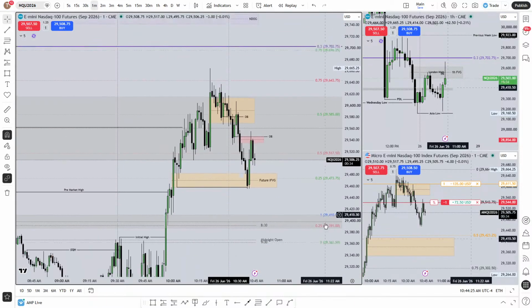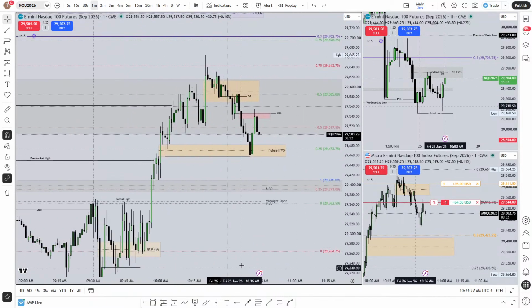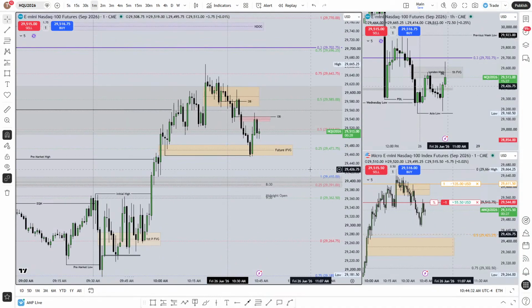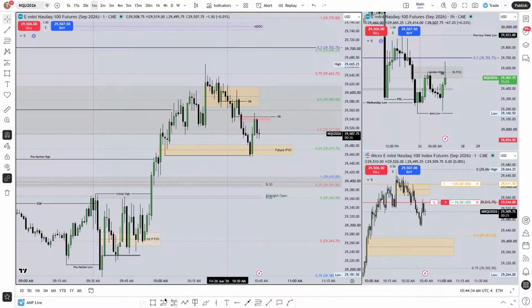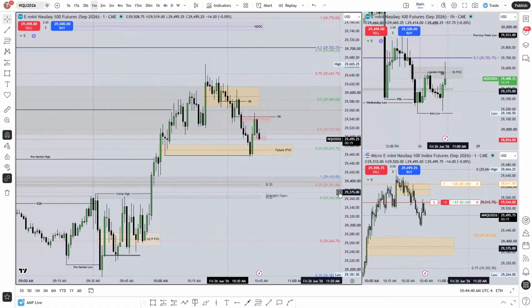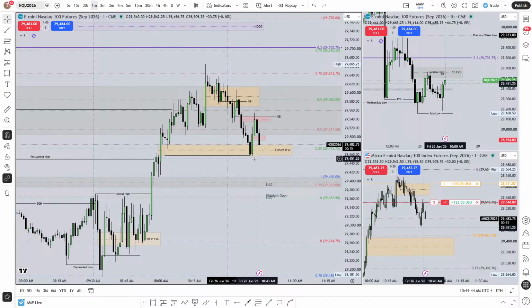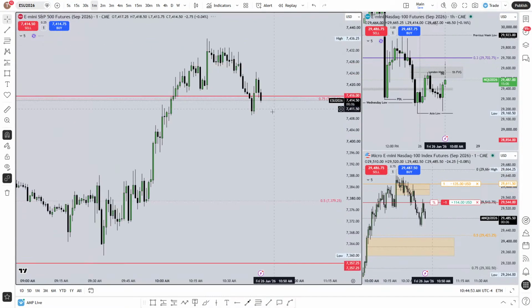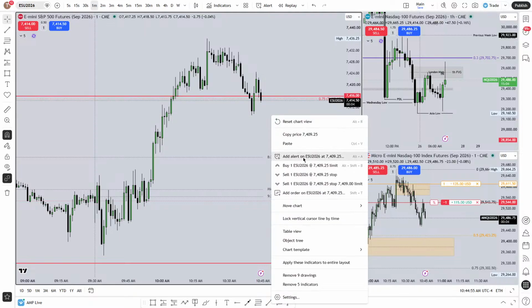For a good reason. We've got to get through this guy right here. Sweep of this low, I'll go break even. Let's see what ES is doing. I want to know when we take that on ES.